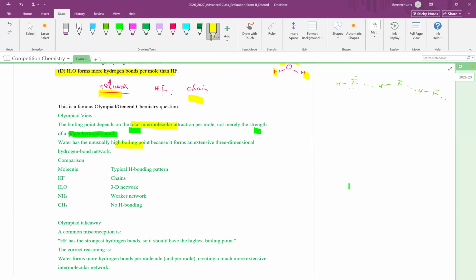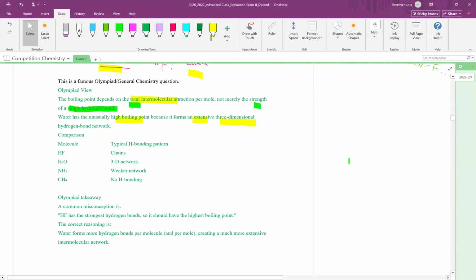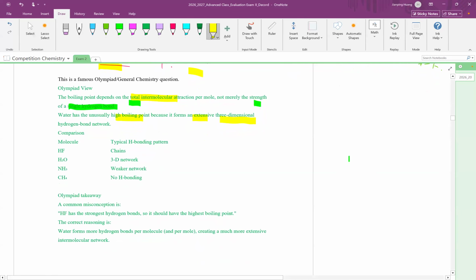What has a higher one? Because they have an extensive 3D network. Do you remember when we discussed intermolecular force, I gave you one example? It's ice. Look at the ice structure. Do you remember? It's a 3D structure. HF is not. HF is a chain. Water is a 3D network. Ammonia is a very weak network.